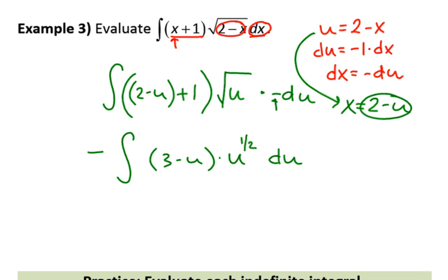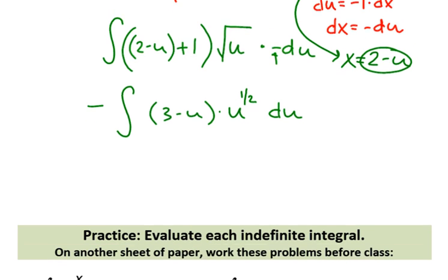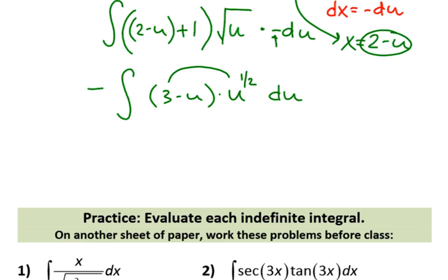We don't use substitution again for this problem. All we do is just distribute. So that u to the 1/2 is going to distribute before we can take the integral. So that's going to be 3u to the 1/2 minus u to the 3/2.